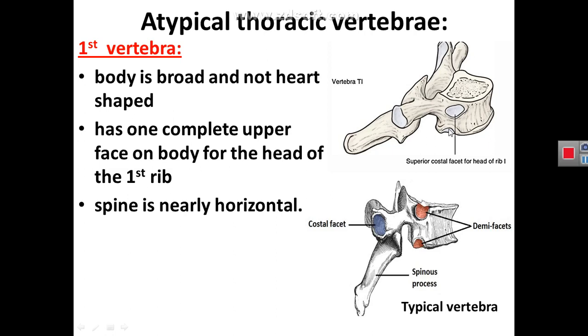Still we have a lower demifacet, but the upper one is complete because it articulates with the head of the first rib, which contains one facet also. And the spine of T1 is not so oblique. It's nearly quadrilateral, nearly broad, not long like the others.